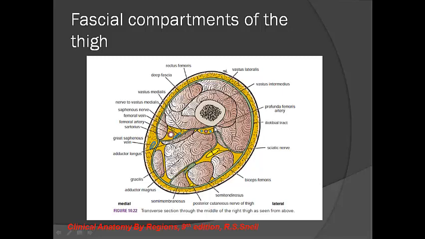So, from the posterior aspect of the femur here, you're going to notice that you're going to have three green lines that are extending out of the femur, okay, and then passing along until they reach the very circumference or the very edge of the thigh, okay? Now what these are called is fascial septa. Okay, so they're basically layers of deep fascia that extend between the bone or the femur, and then they reach the outer circumference of the thigh.